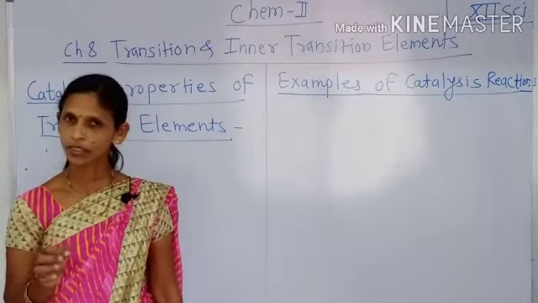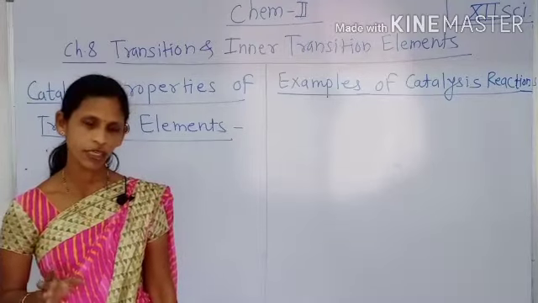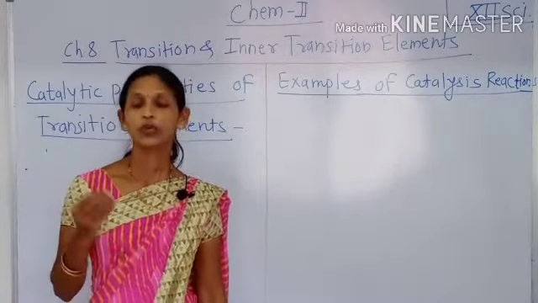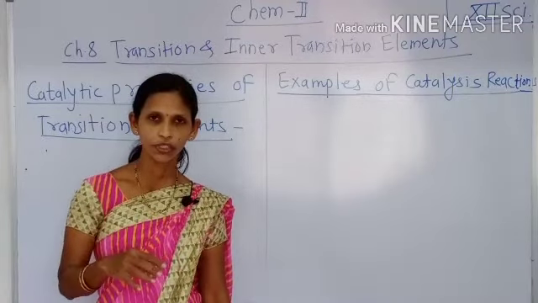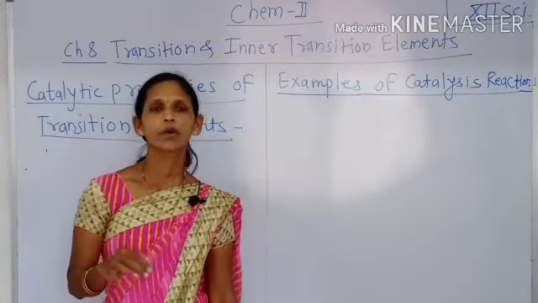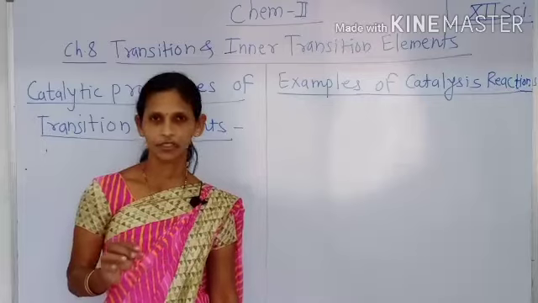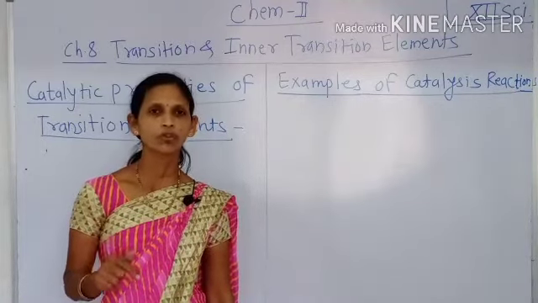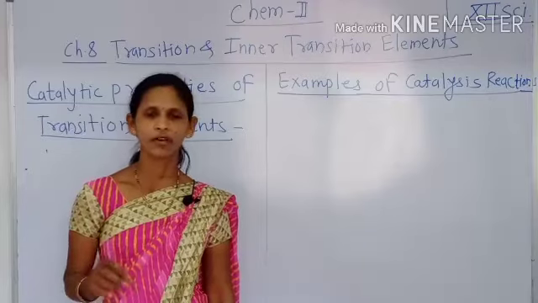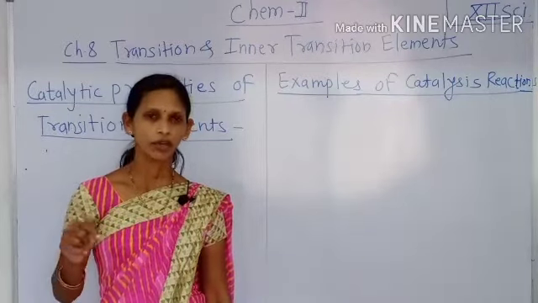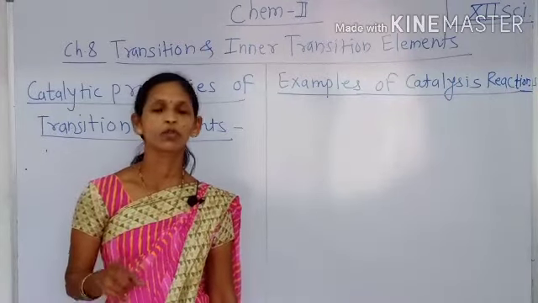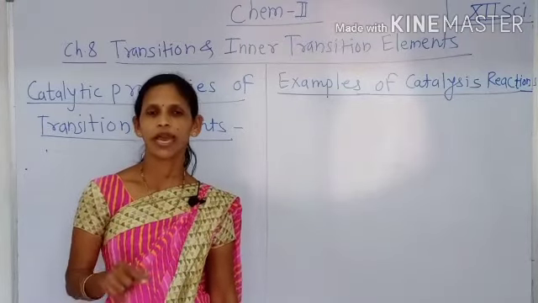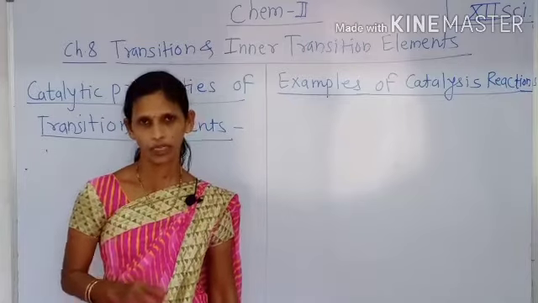The substance, element, or compound which has variable oxidation state acts as a catalyst. Therefore, in transition elements, most of the n-1d orbitals are vacant or have unpaired electrons, so they provide larger surface area for the reactants, and therefore they have the catalytic property.